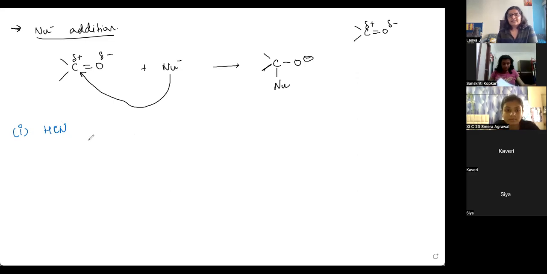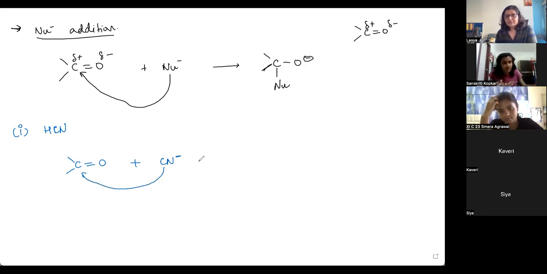Okay, so in the case of HCN, this is pretty simple and straightforward. Which one will be the nucleophile? In HCN, CN minus. Absolutely, CN minus is the nucleophile that goes and attacks carbon.